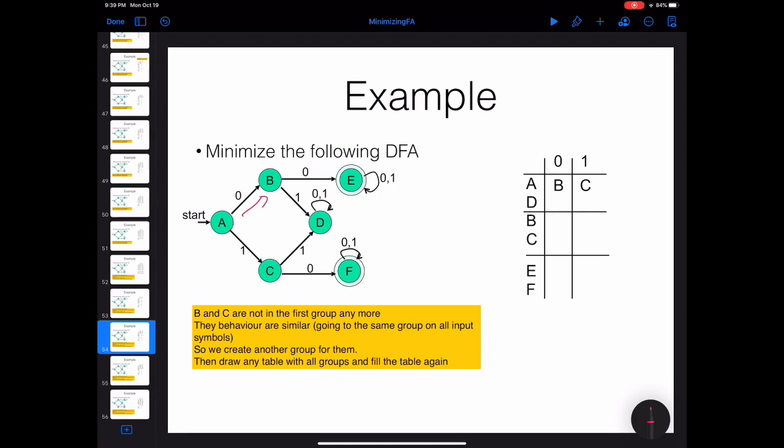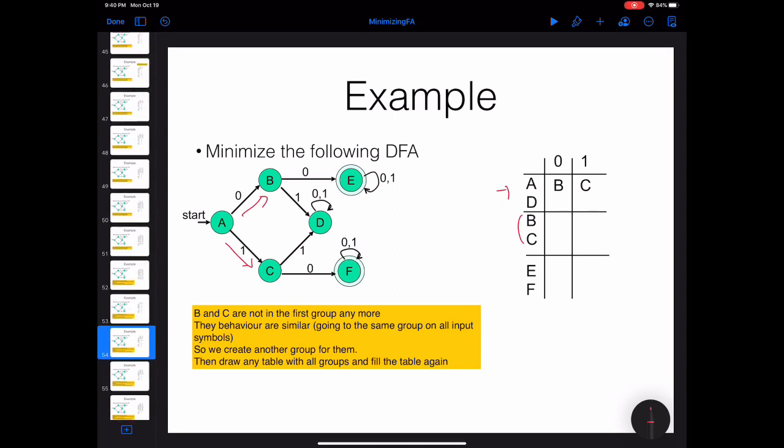And if you go over 1, you are going to C. Both of them are going to the same group, but anyway, they are not staying in this group here. But for D, you can see that over 0 and 1, both of them, you are going to the same group. So again, I'm seeing some differences between behavior, but let's just keep that.